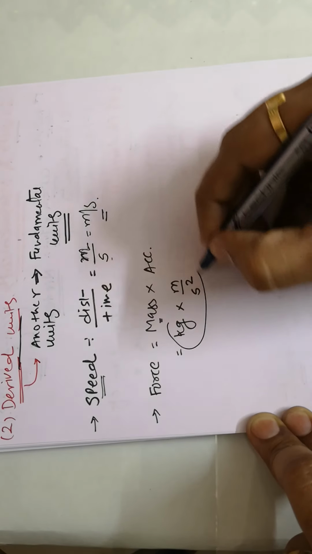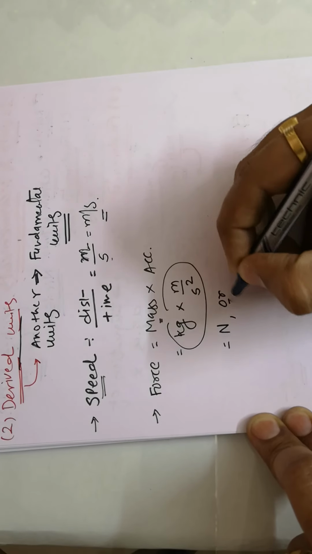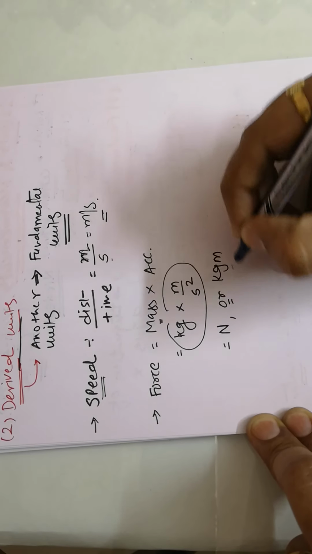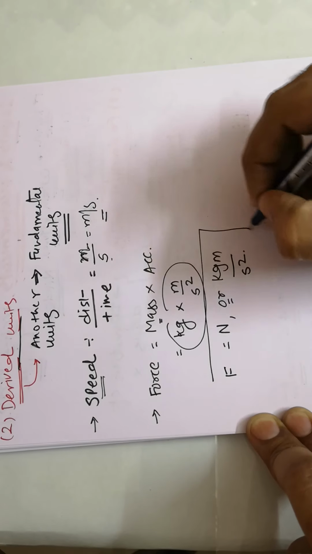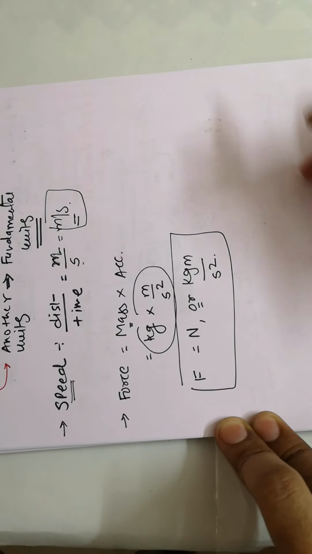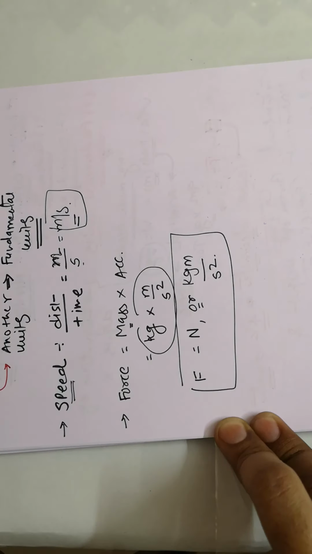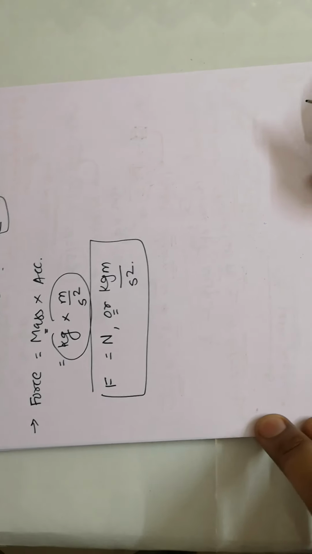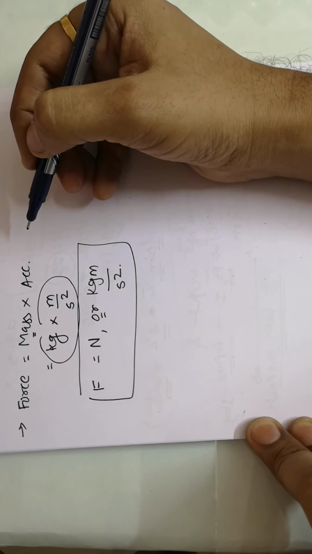So this entire unit is famously known as Newton, or kilogram meter per second square. This is the unit of force. This is the unit of speed. Both those things I have told you are derived units.